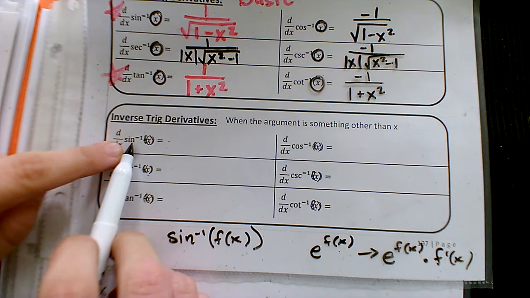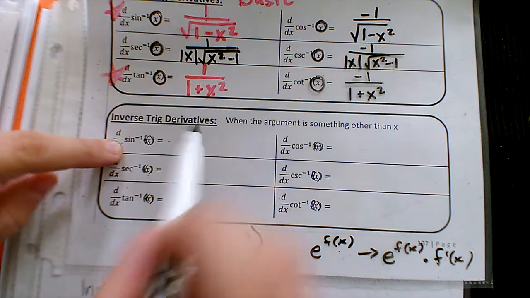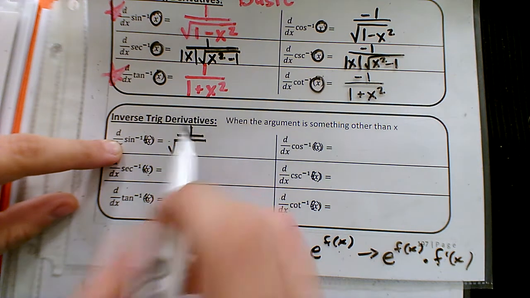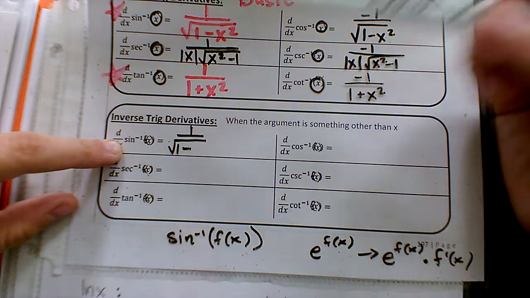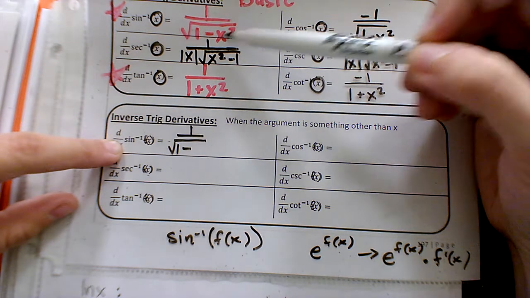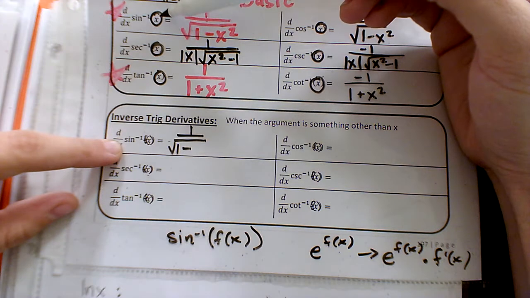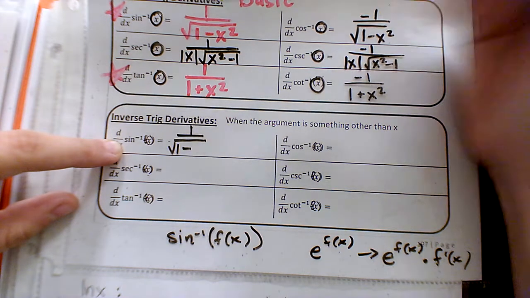So the normal shortcut for the inverse sine is 1 over the square root, and it's typically 1 minus x squared, but this x is simply representing what was on the inside of the inverse trig function.